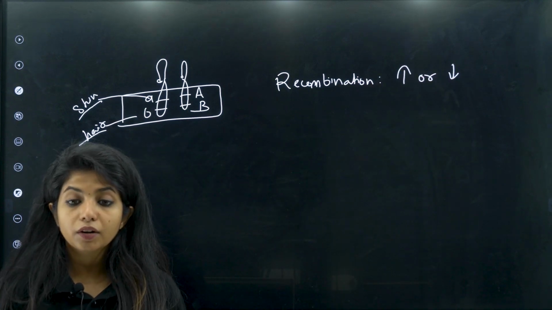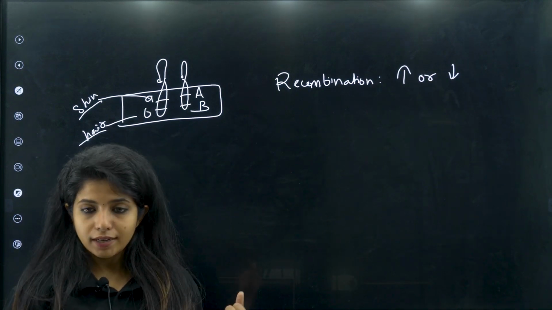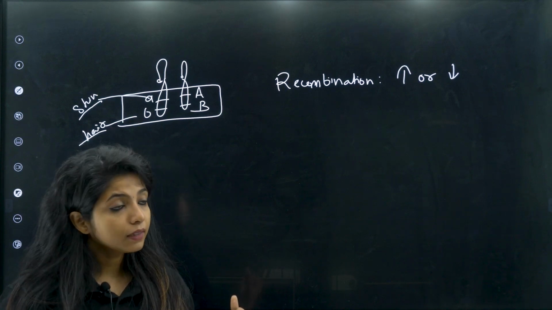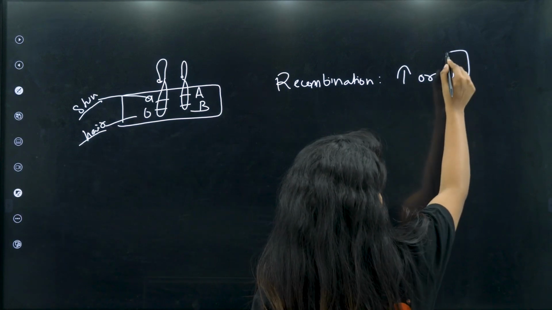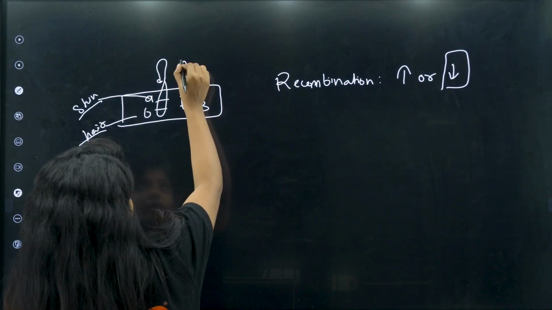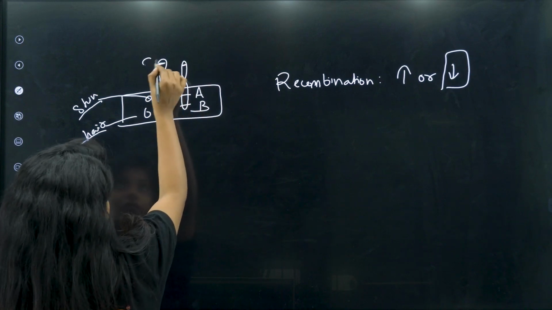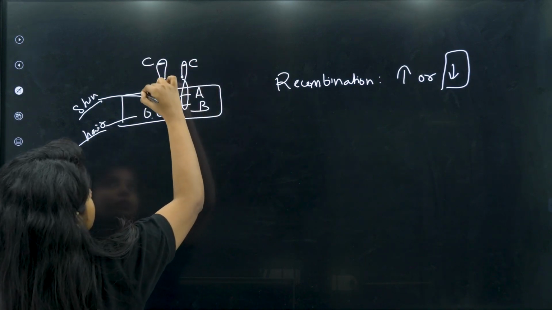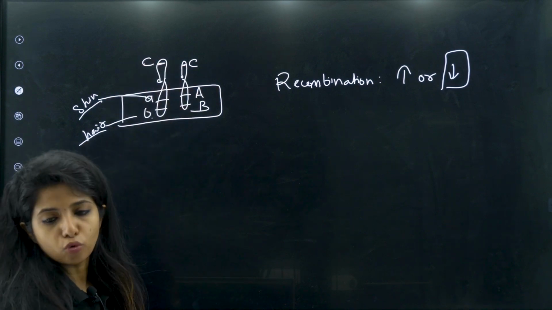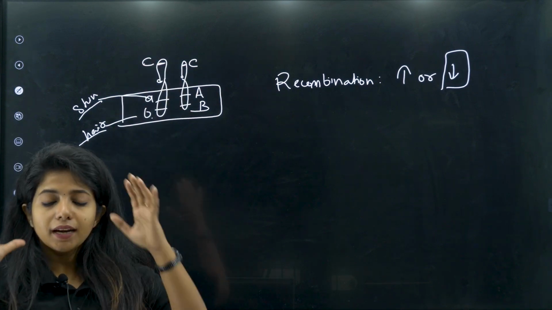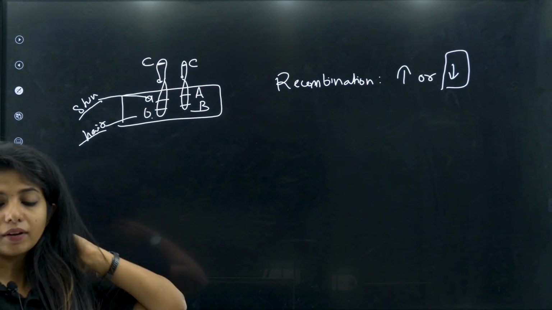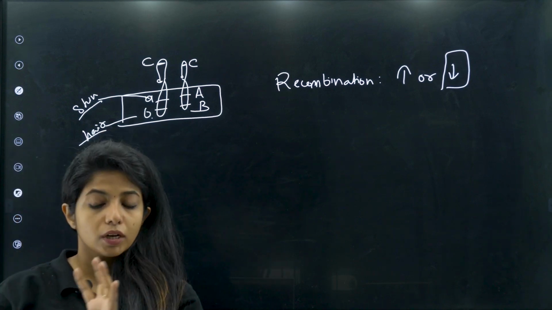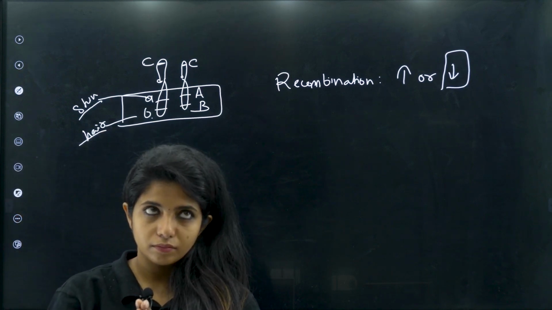Tell me, will the recombination be more or less? It will be less, children, because it is tightly linked. But on the other hand, if you see one gene over here with C, will recombination be more or less between this and this? It will be more. Okay, please understand. So tightly linked genes would be having less recombination and loosely linked genes will be having more recombination.